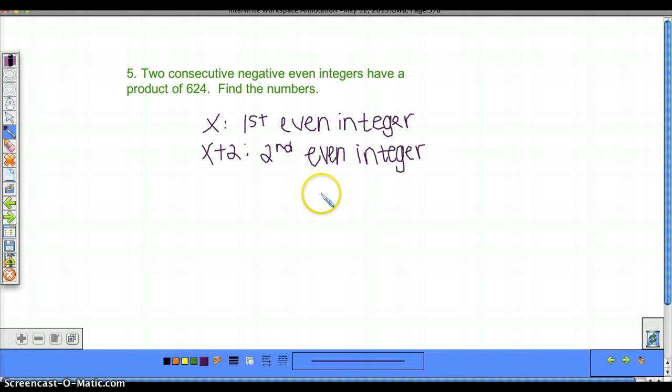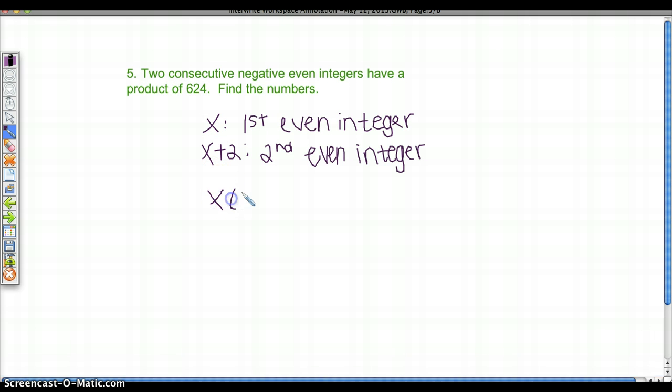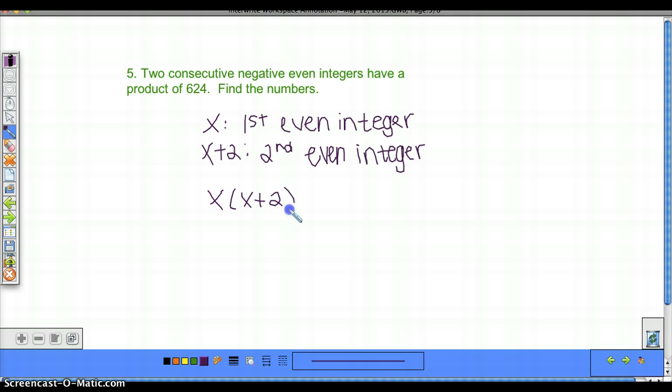So to set this up, my two integers have a product of 624. So x times x plus 2 should equal 624. Here's my equation for this problem. Now I'm going to set it up to factor it. Actually, to solve this one, we're going to have to distribute that x.